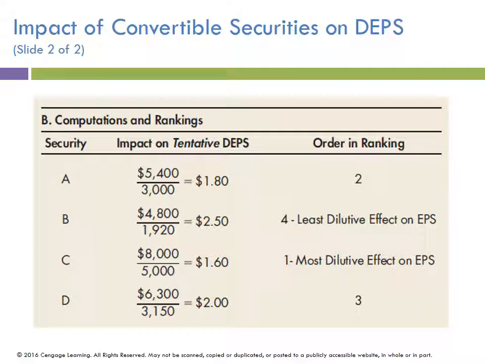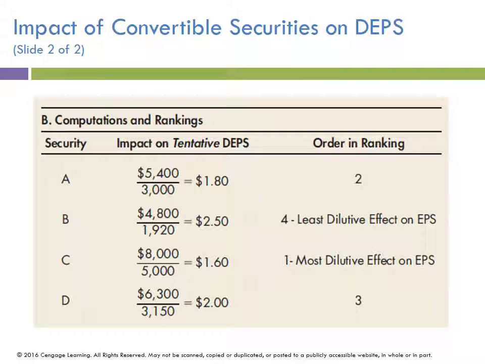That's the interest expense. Security B, we would be saving $4,800 of interest expense, but issuing 1,920 new shares. The earnings per share on that is $2.50 each. So that would increase earnings per share. Security C, $8,000 of, I believe that's dividends, would be saved by converting the preferred stock.